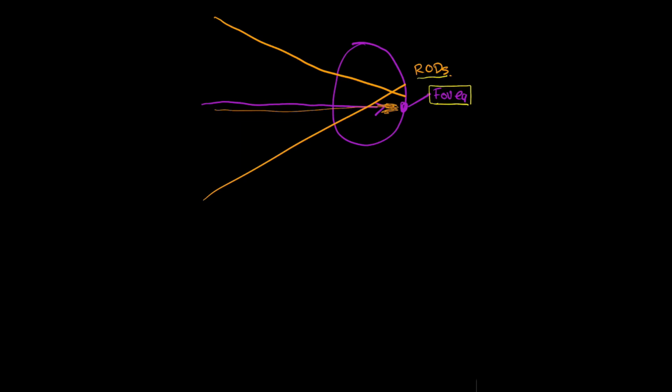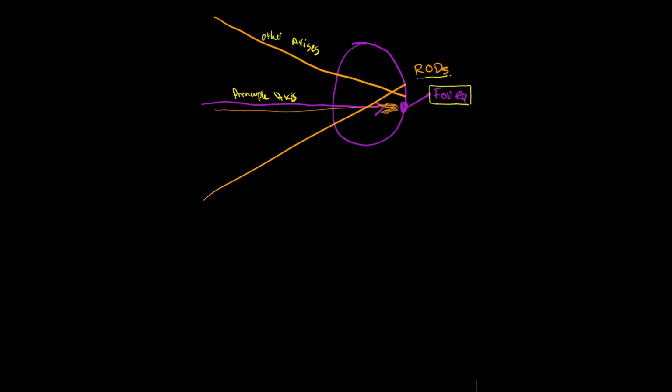This is called the principal axis. If we move our eyes and move our head around so that the primary light is hitting the fovea, we'll get the biggest acuity. These other axes will land on rods.